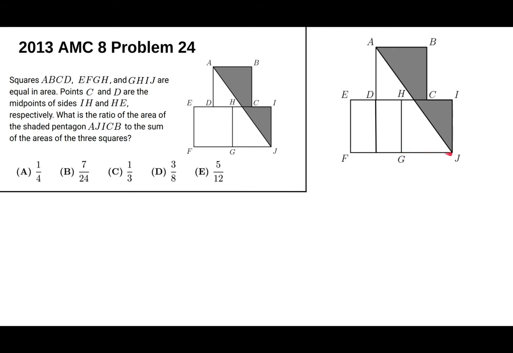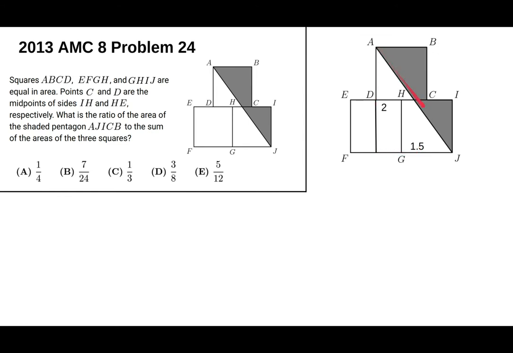And GJ is 1, so this side length over here is 1.5. And AD is 1, and D to this vertex is also 1. So A to the bottom vertex is 2. So this side is 2 and this side is 1.5.